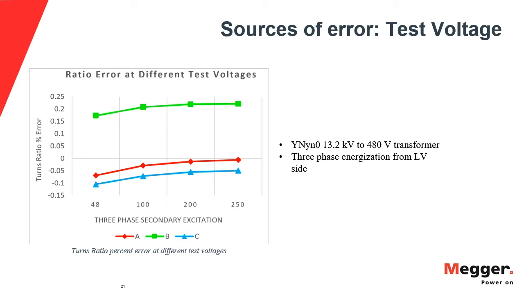After 200, our value is not changing much, so we reach the threshold of that excitation voltage at which that number is not going to change. We're actually getting an accurate reading of the TTR for that transformer, and at the end all of our three numbers, at 250, are well within the plus or minus 0.5% error allowed by the IEEE standard.